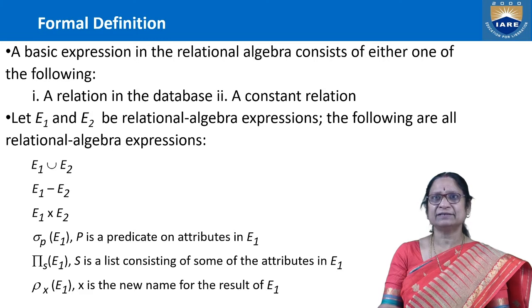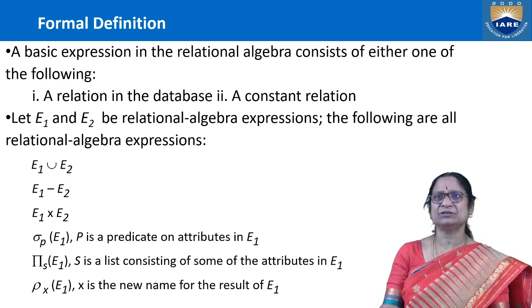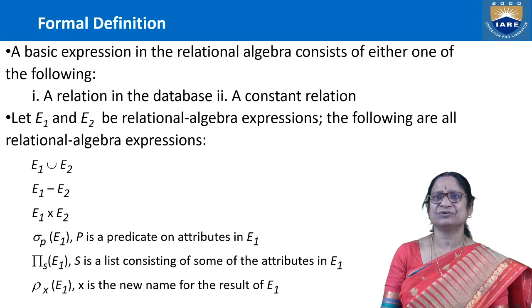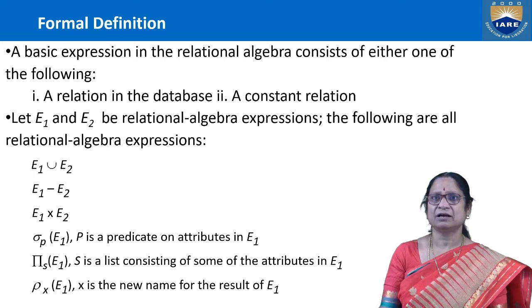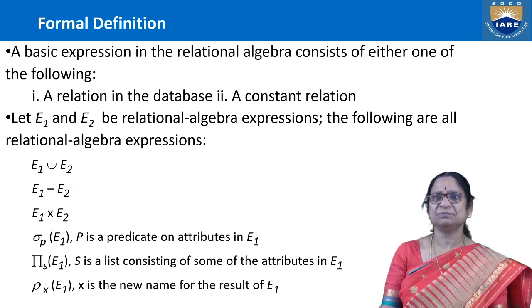As we are aware, any expression in relational algebra may be expressed as a combination of relations and constant relations. Basic expressions in relational algebra consist of either a relation in the database or a constant relation. Let E1 and E2 be two relational algebra expressions.